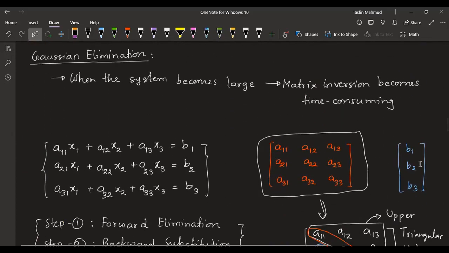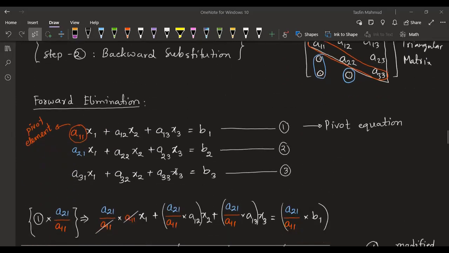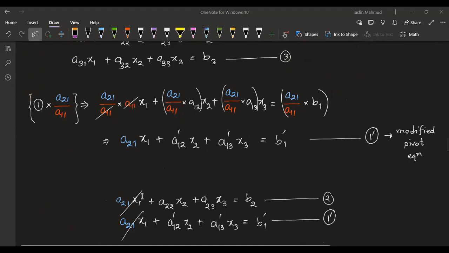Gaussian elimination is a very time-saving technique whenever we want to implement it in code in MATLAB. In MATLAB it becomes pretty much easier because what we are actually doing is just multiplying with some coefficients and doing some subtraction.